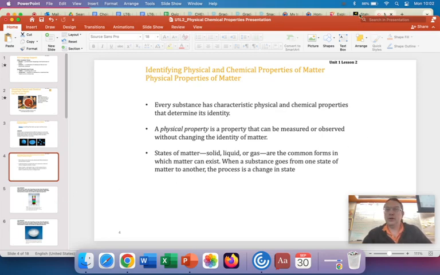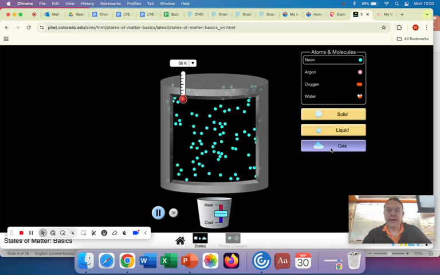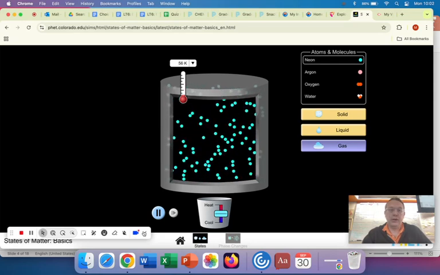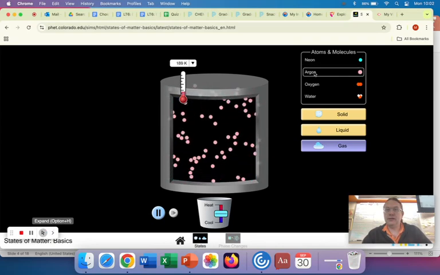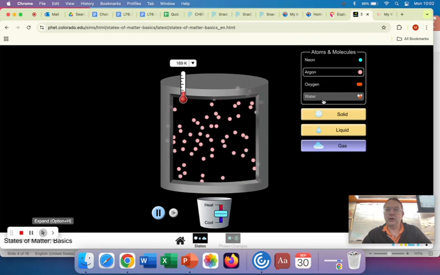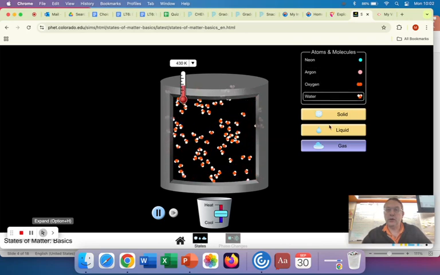You can see some substances are solid, some can be liquids, and some can be gases. We can observe that without changing what the substance is, whether it's argon, oxygen, or water.